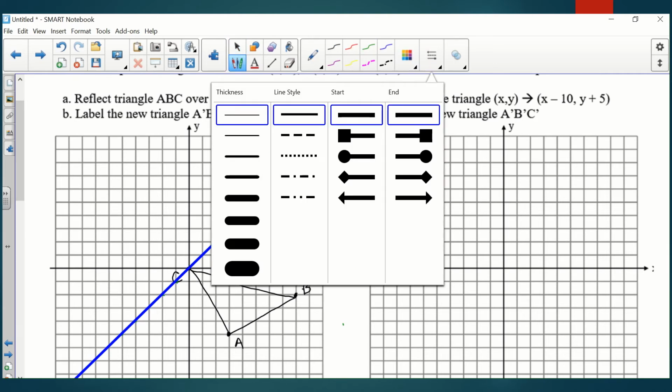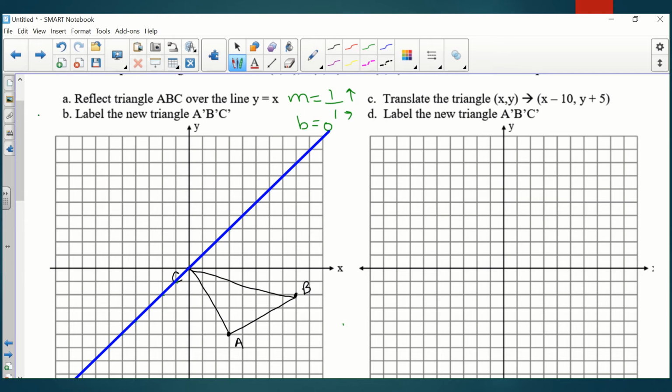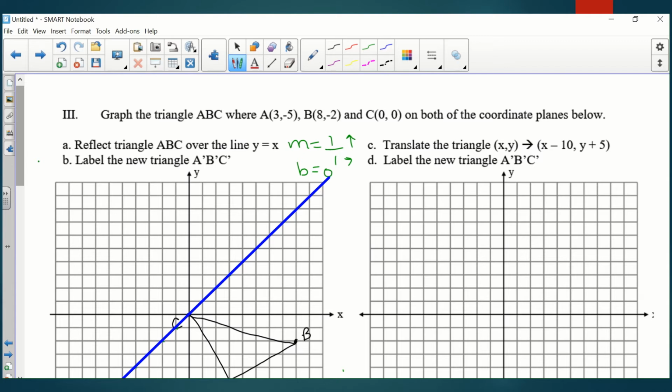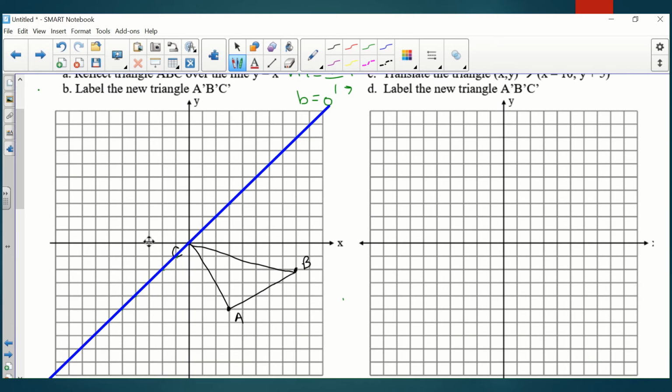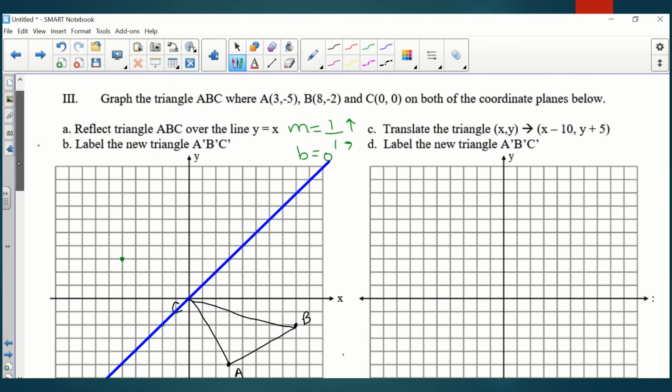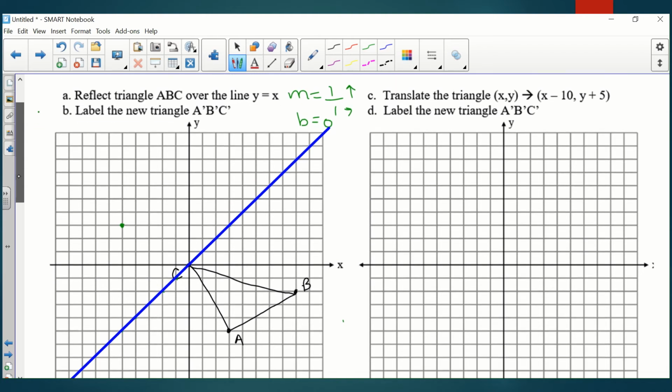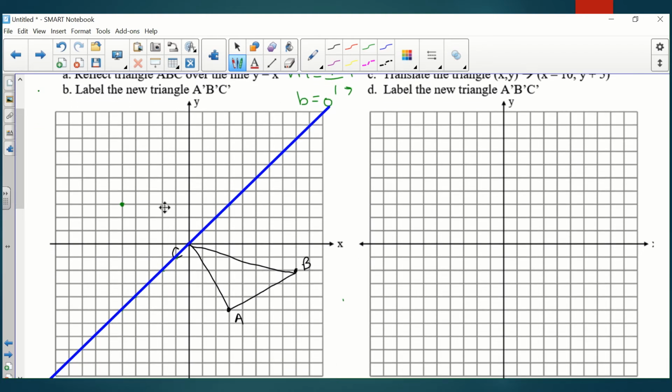Okay, so if I want to graph A prime, B prime, C prime, then I'm going to take point A and I'm going to switch the x and y coordinates. So A prime is going to be located at negative 5, 3. B prime is going to be located at negative 2, 8.